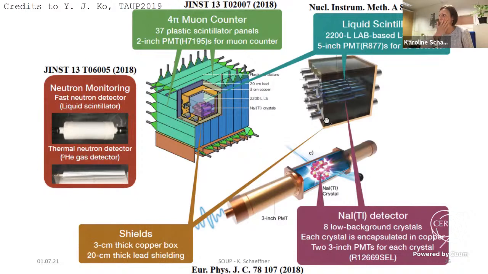The reason for doing that is to tag, for example, this potassium background. I'll show you in a second. Then they have outside also passive shielding, and then they have also muon counters again. This is pretty similar to what ANAIS has, but in addition, there is this inner scintillator veto.